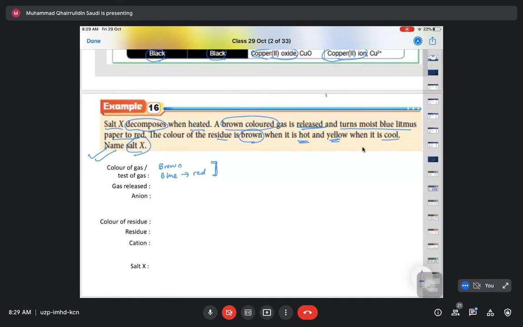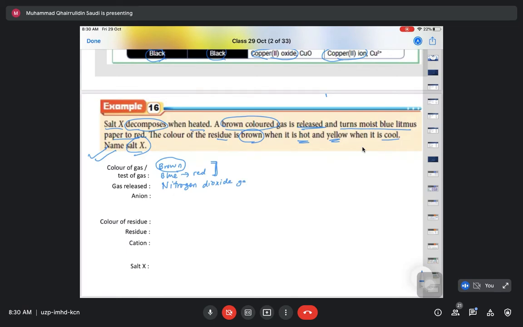Lead-2 oxide itu adalah metal oxide. Saya tanya tentang gas. Gas tu warna brown and bila kita test blue litmus paper, put it at the mouth of the test tube, the blue litmus paper will turn to red. So apakah gas tersebut? Nitrogen dioxide. Good. Nitrogen dioxide gas.